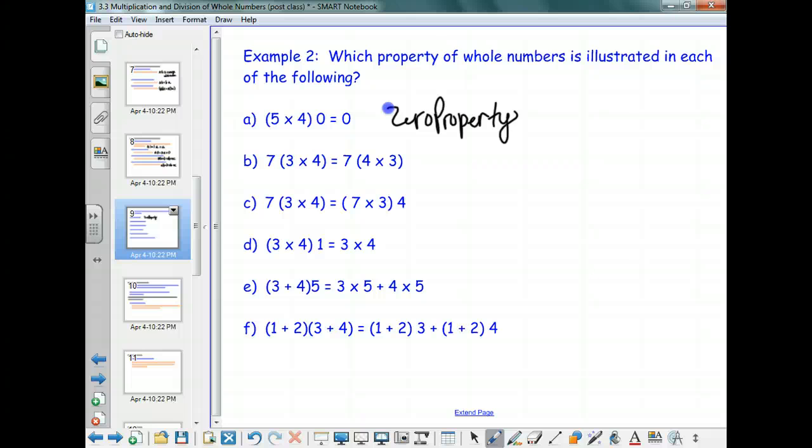Associative property, you just said before, Shannon actually is the one who said it, is that the numbers inside are different if the associative property is used. Are the numbers inside different on this one? No. So this is not the associative property. So what is different? The order of the numbers inside is different. And when you switch the order, that property is the commutative property.